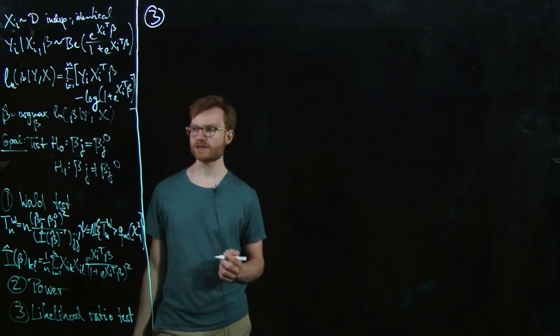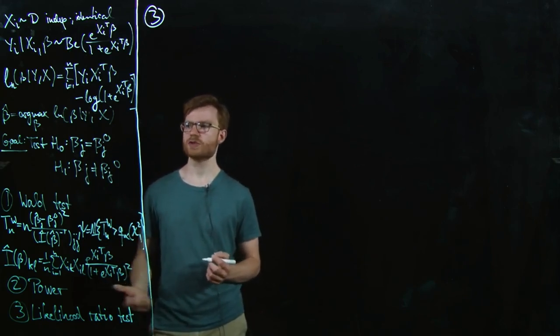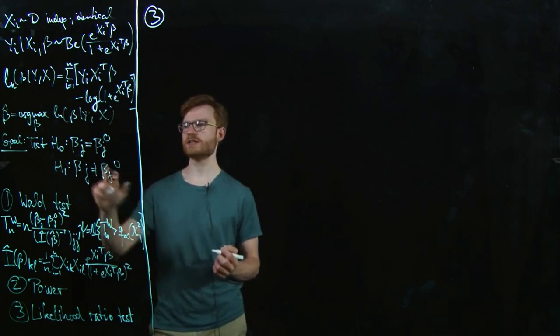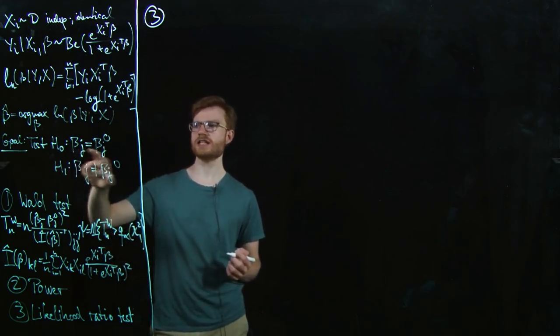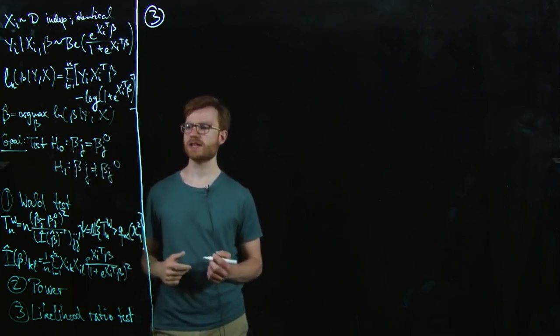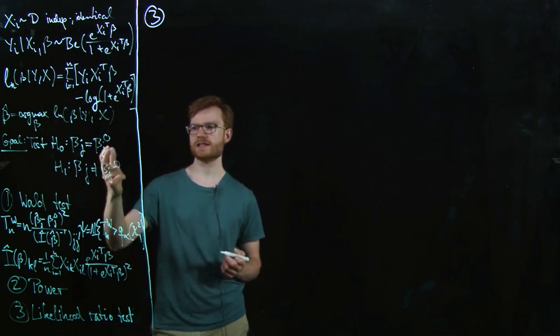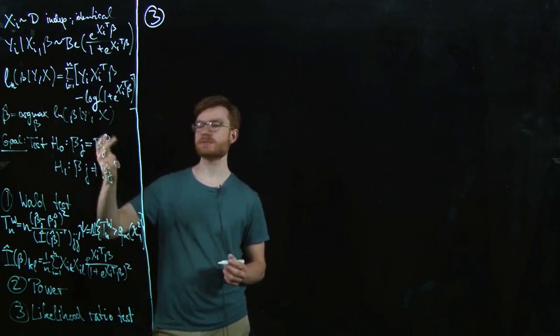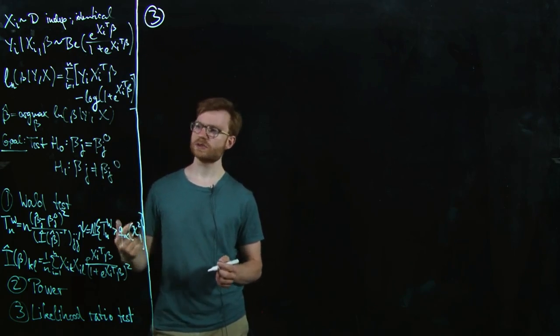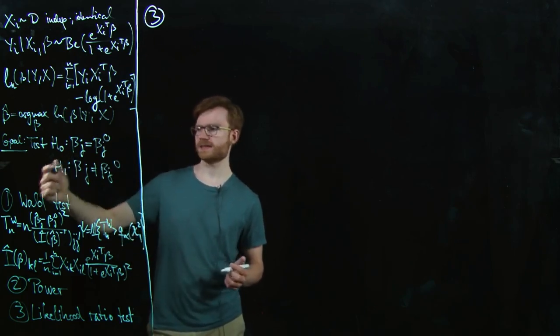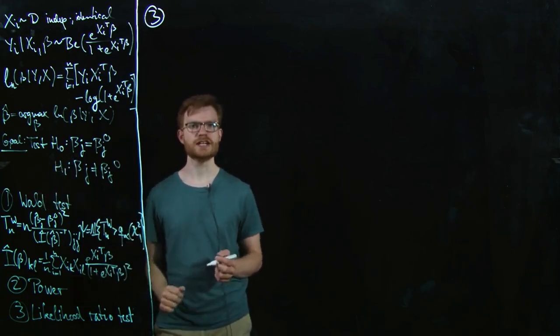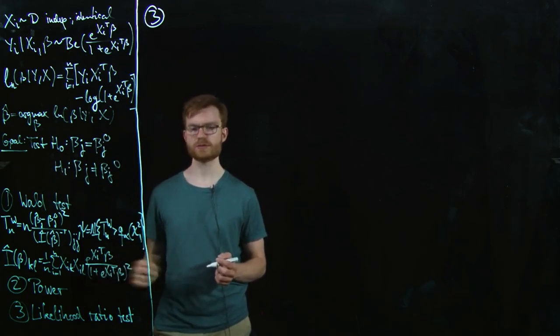So if the null hypothesis is true, then restricting to it shouldn't change much, right? If the true beta j is beta j naught, then everything should be fine when you assume that it is exactly this in optimizing the likelihood. But if it's not, you get a little bit more wiggle room, and the likelihood ratio test is exactly trying to exploit this idea.